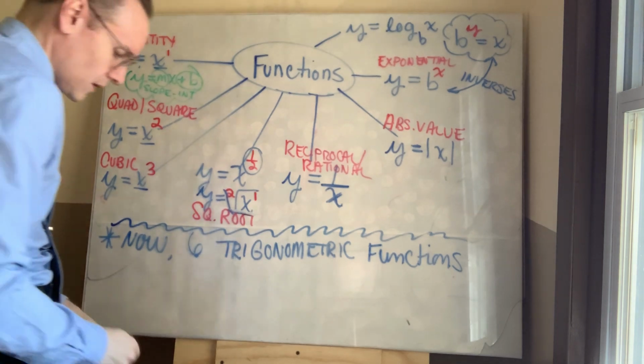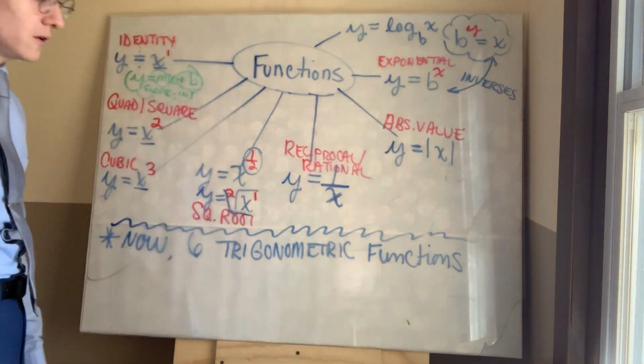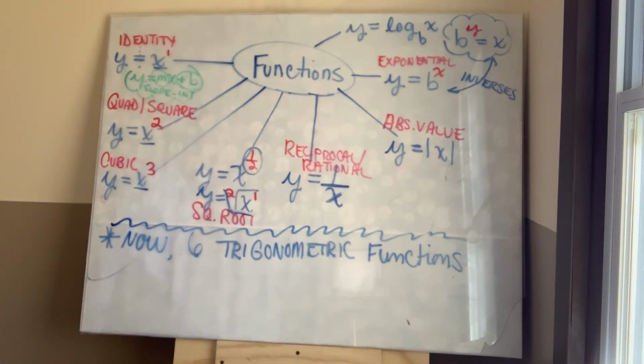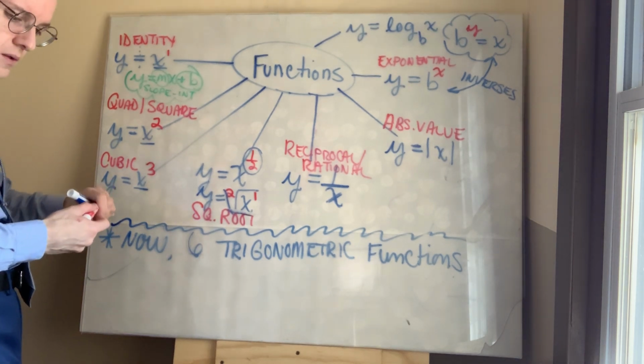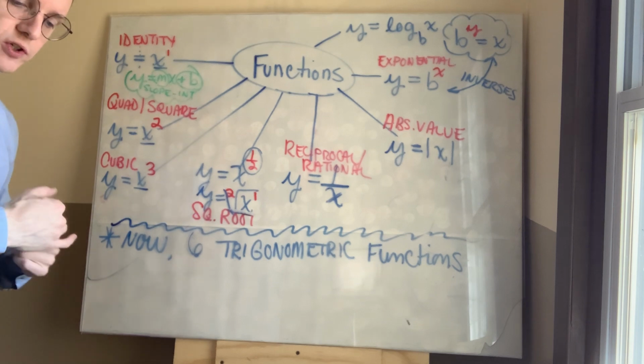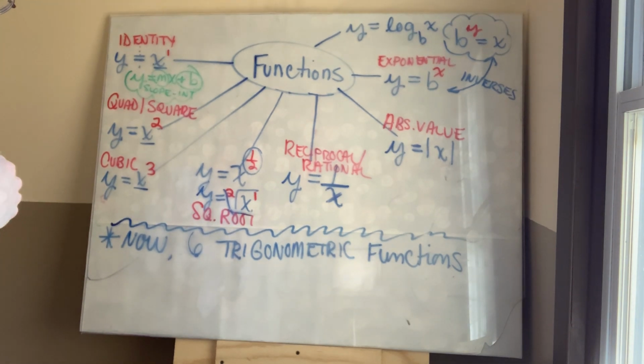Which are good to know, I feel, in a particular order. Sine, cosine, tangent, cotangent, secant, and cosecant is what they're referred to.